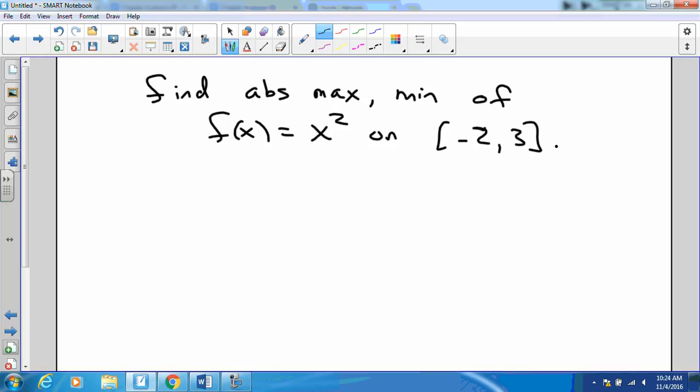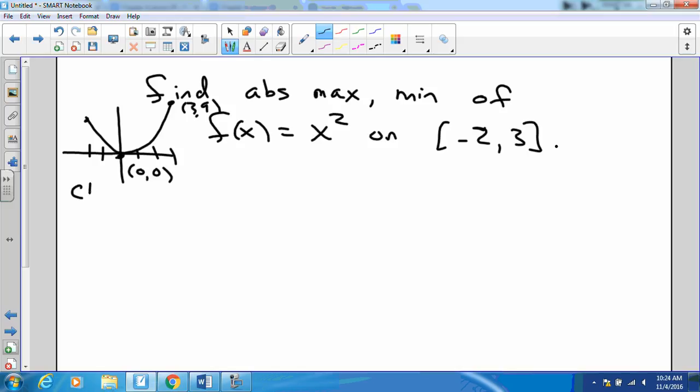Okay. Now, I'm going to start with an easy question so we can check ourselves. Find the absolute max and absolute min of f of x equals x squared on the interval negative 2 to 3. You can draw a picture. You should be able to spot it pretty easily, just visually.